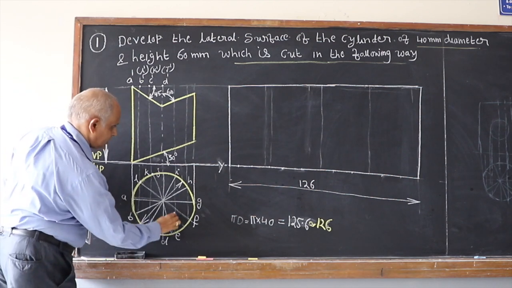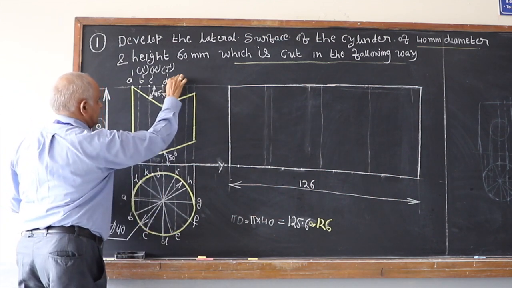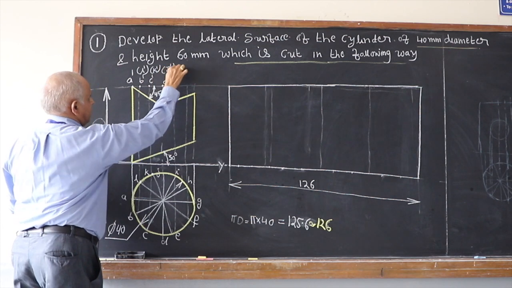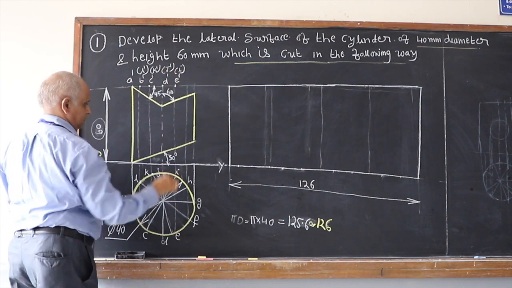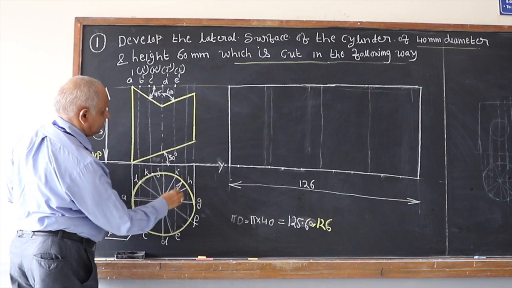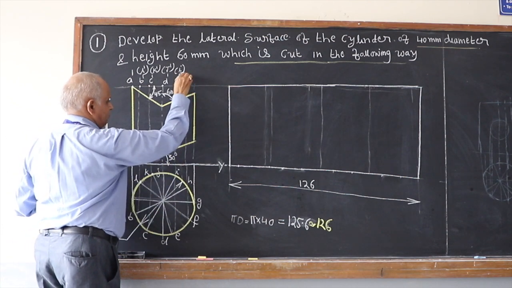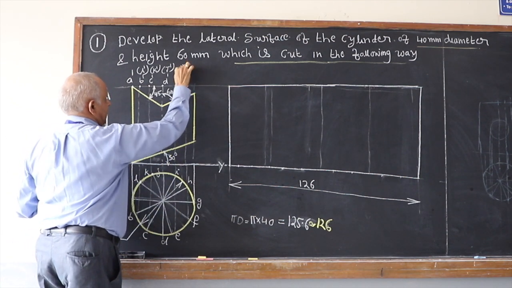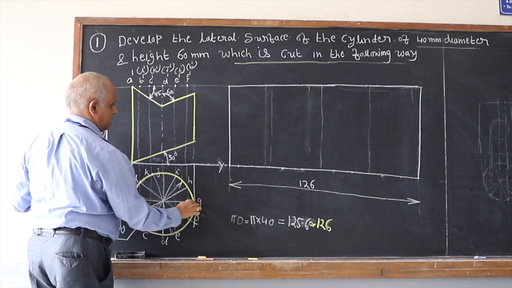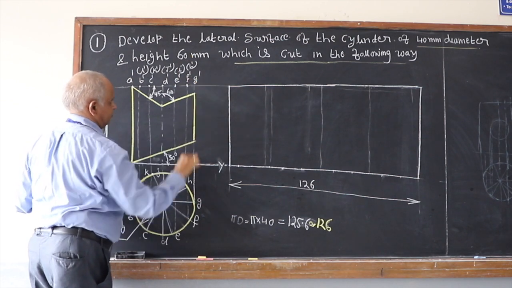Then this is E dash bracket I dash. Then this is F dash bracket H dash, and this is G dash.